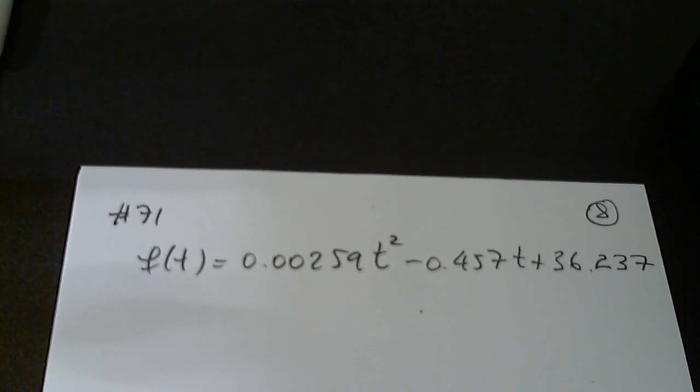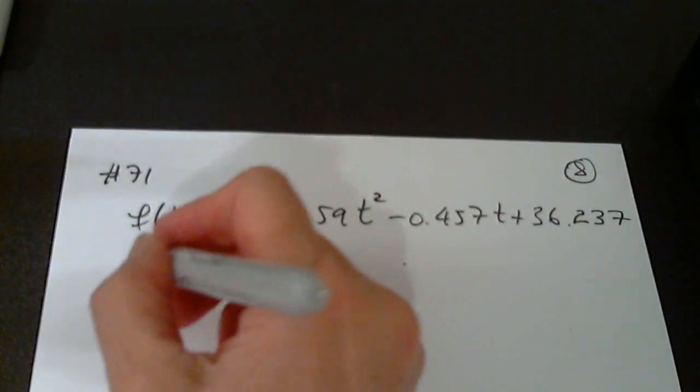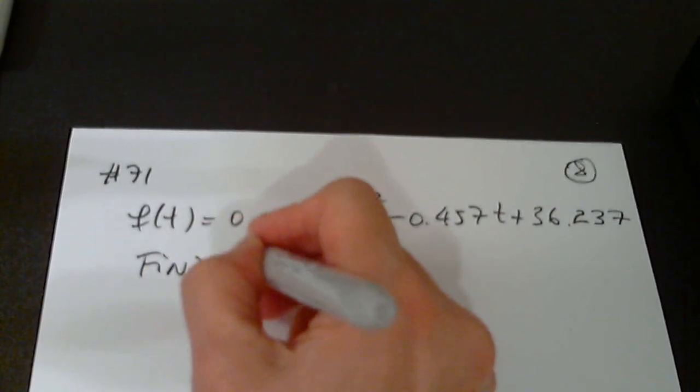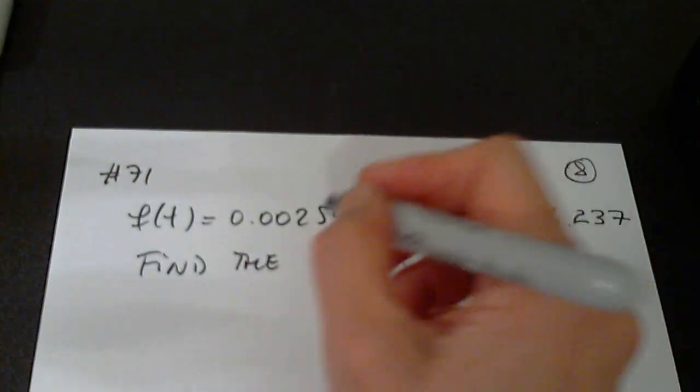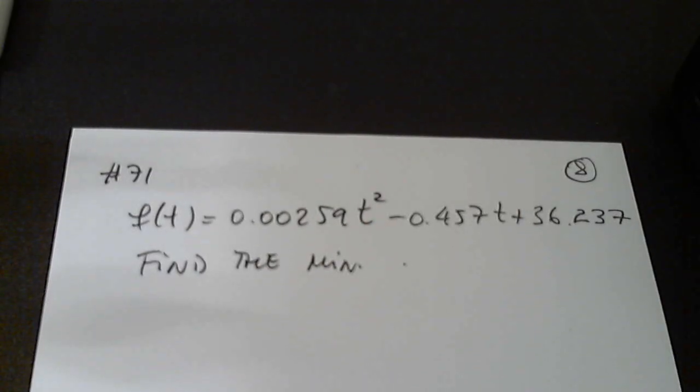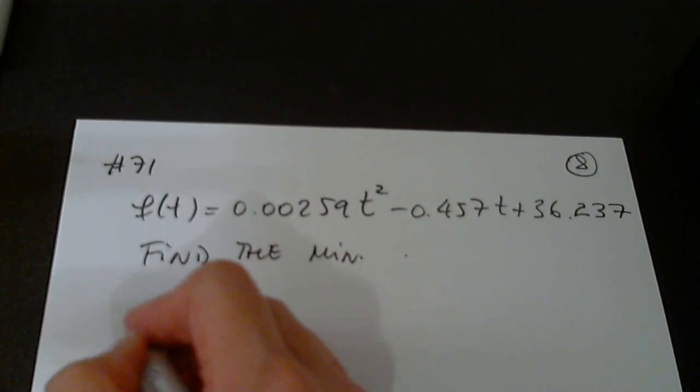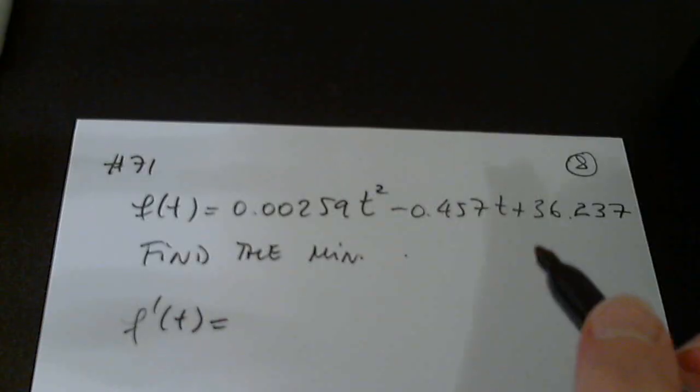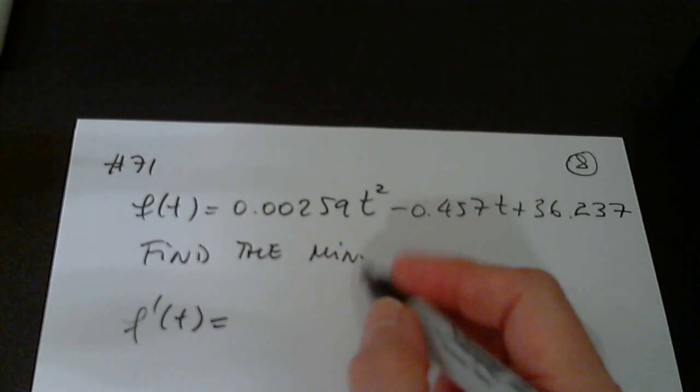You can say, I know from algebra how to find the minimum. Yes, but we are in calculus, so we are using a different method. So first I have to find the critical number. So in other words, the problem is asking us, find the extrema, in this case, the minimum. I have to find f prime of t. So this is ugly.